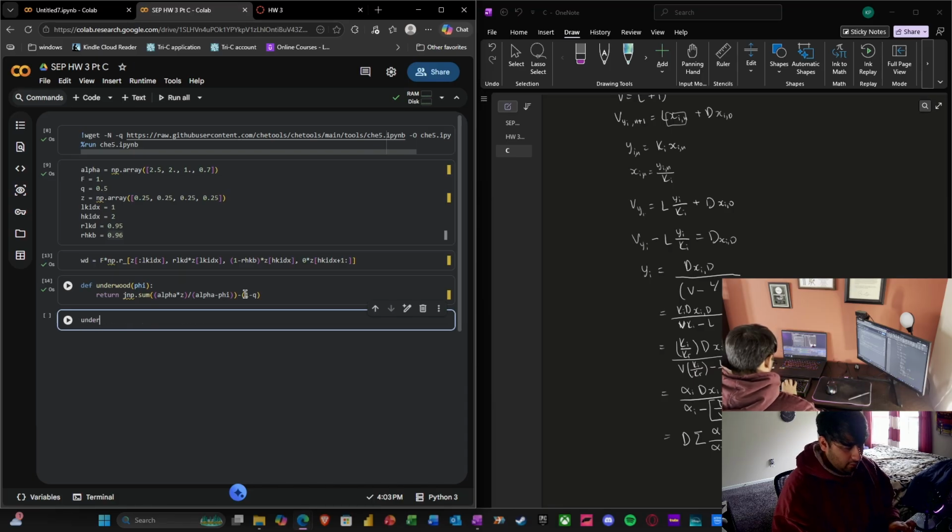And then we want to put this as a vector.